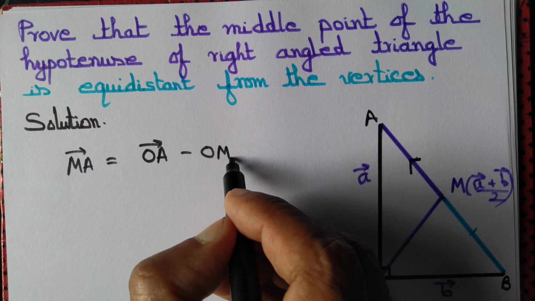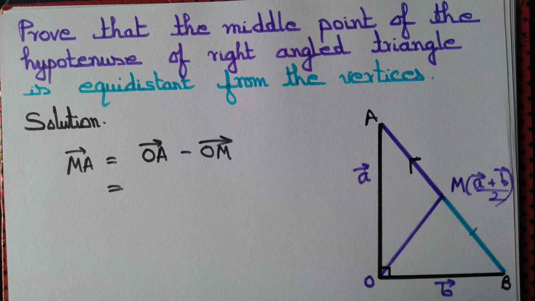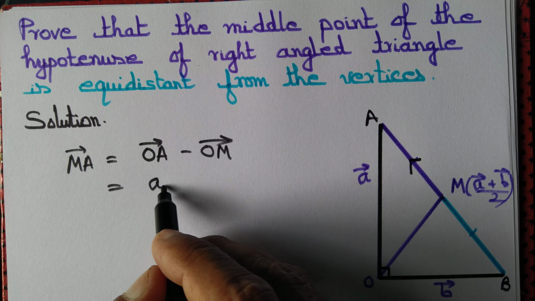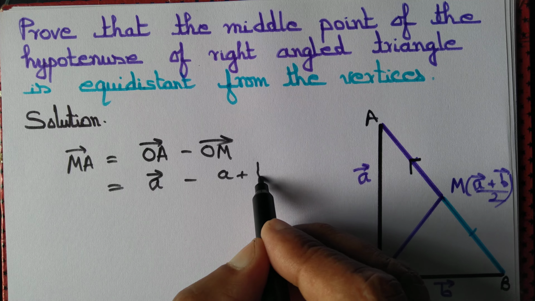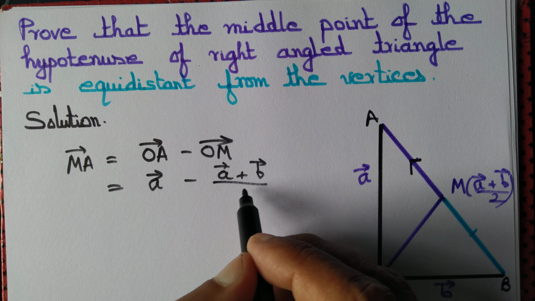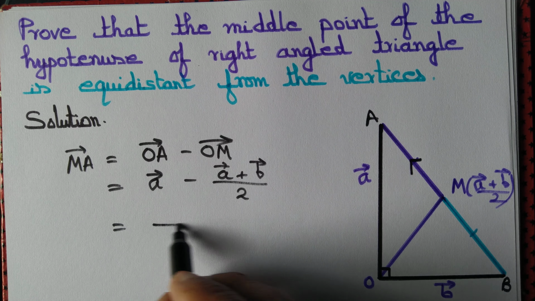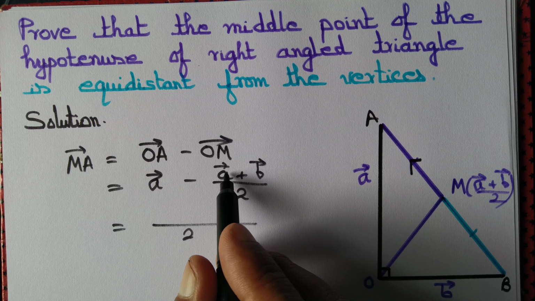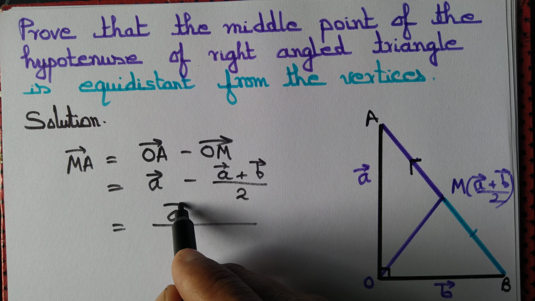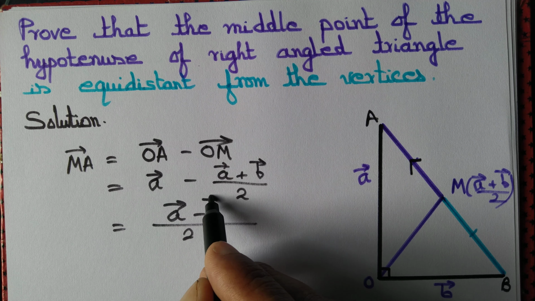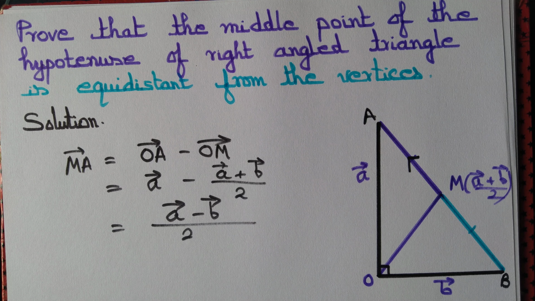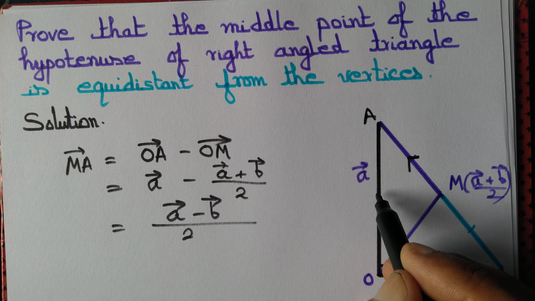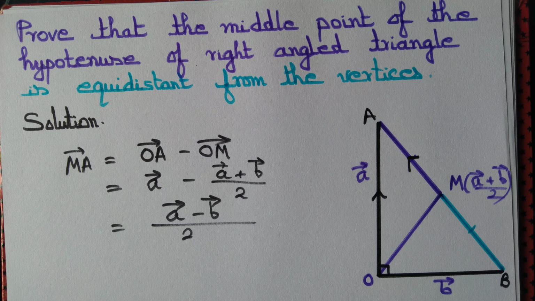That is simply the triangle law. And OA is A, OM is (A plus B) by 2. Let's simplify this: 2A minus A is just A, so (A minus B) by 2. Okay, we got MA equal to (A minus B) by 2, OA equal to the A vector, OB equal to the B vector.